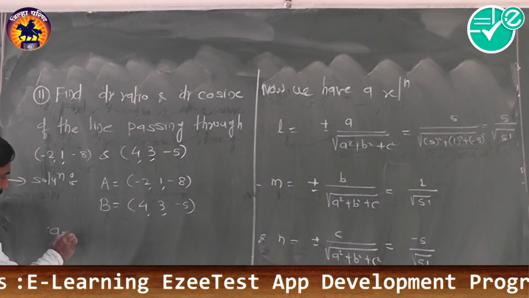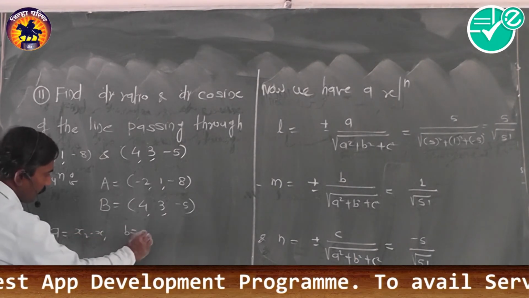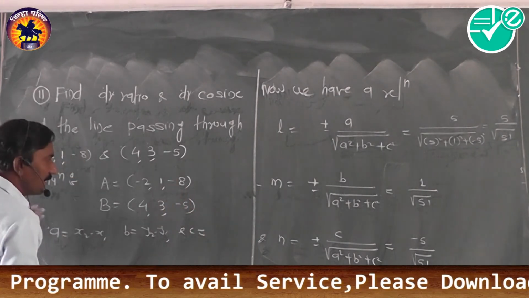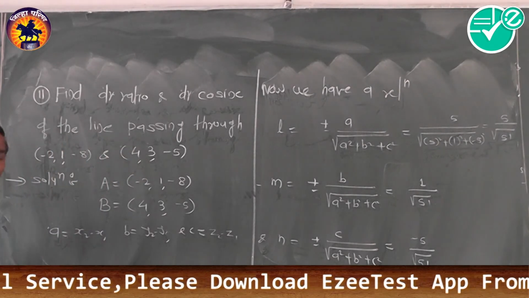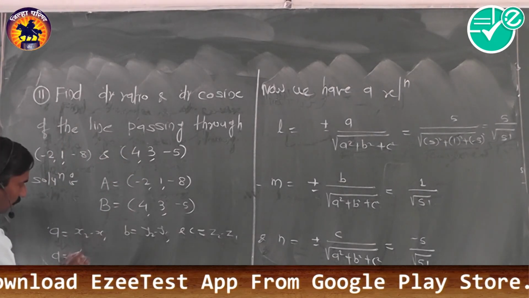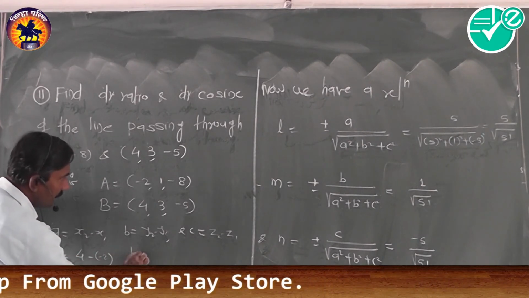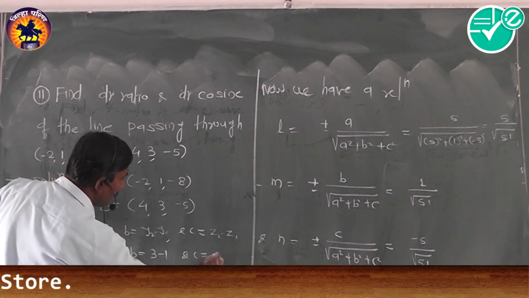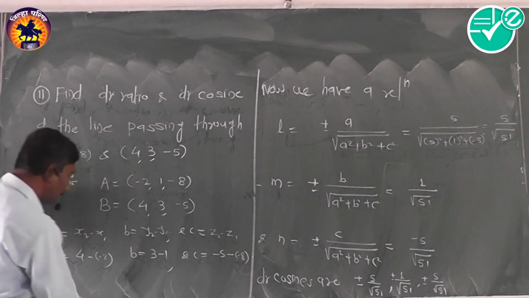Shortly, a is equal to x2 minus x1, b is y2 minus y1, and c is z2 minus z1. So what will be next? a is 4 minus (-2), b is 3 minus 1, and c is minus 5 minus (-8).